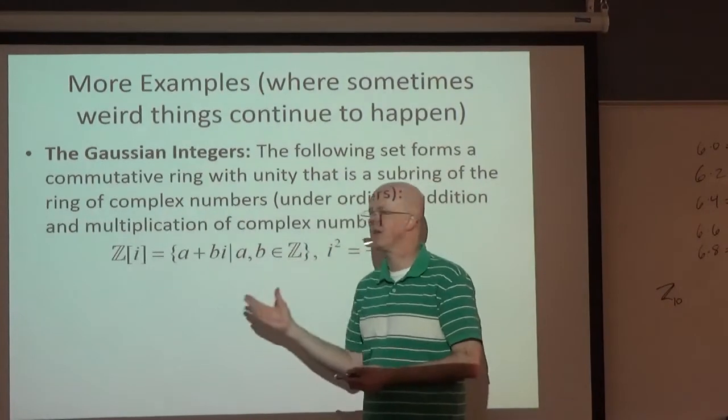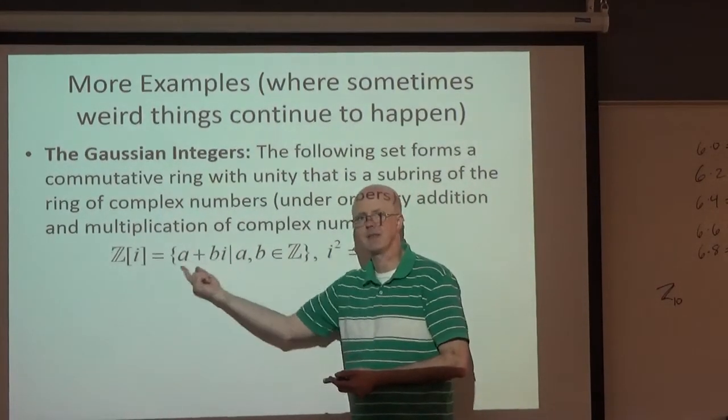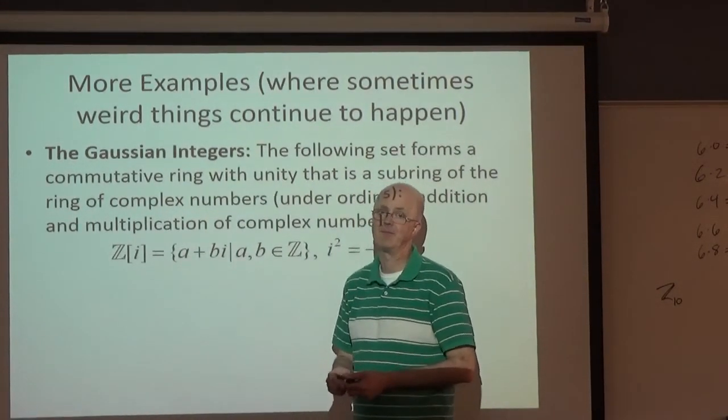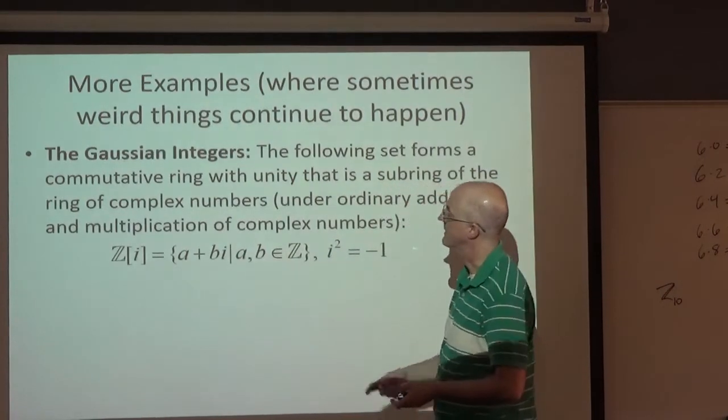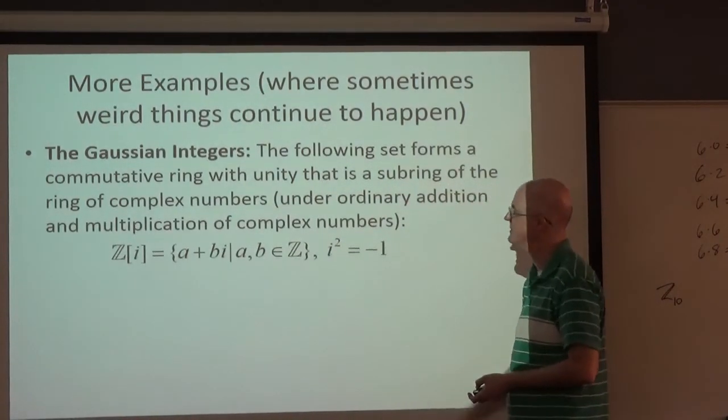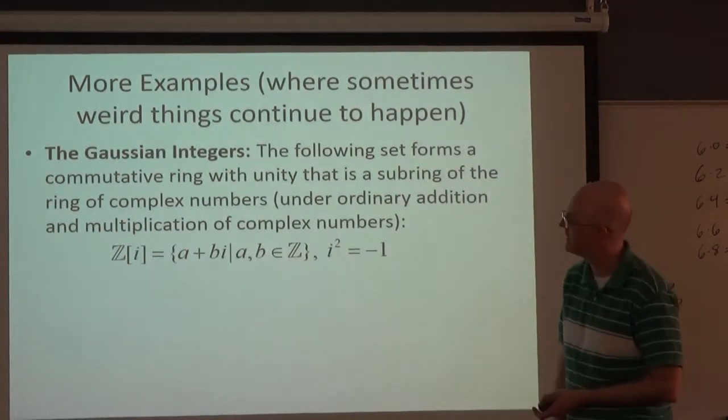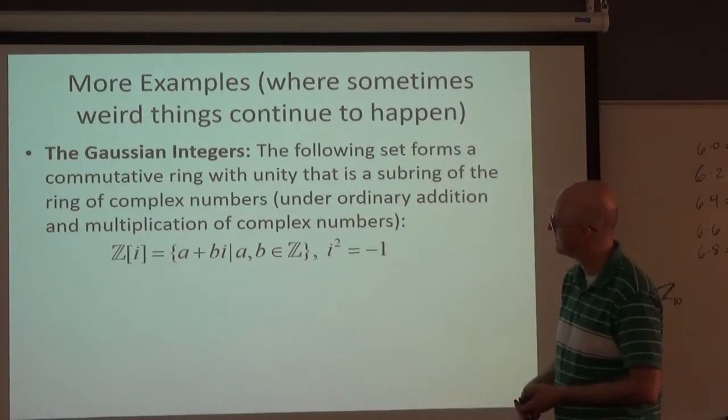All such polynomials can be simplified down to something that's linear in i. So it is really consistent with previous notation, but it's understood that i squared equals -1. So you can do that kind of simplification.